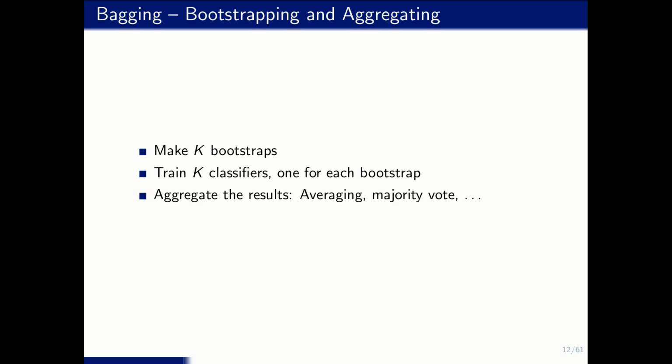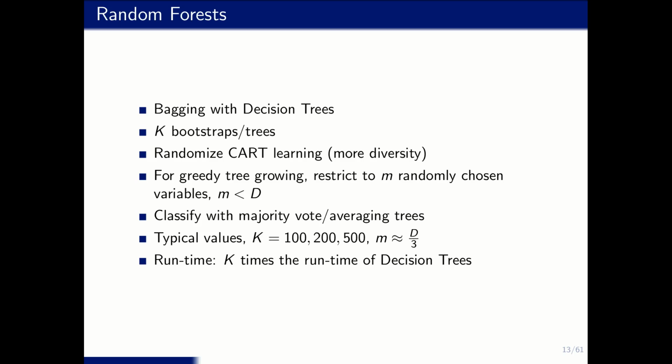So we either average the outcome of the classifiers or we do a majority vote. We are not constrained to classifiers, so this also works for regression and other machine learning techniques. Really simple: bagging is simply bootstrapping plus aggregation. And this already explains random forests. Random forests is really just bagging with decision trees.